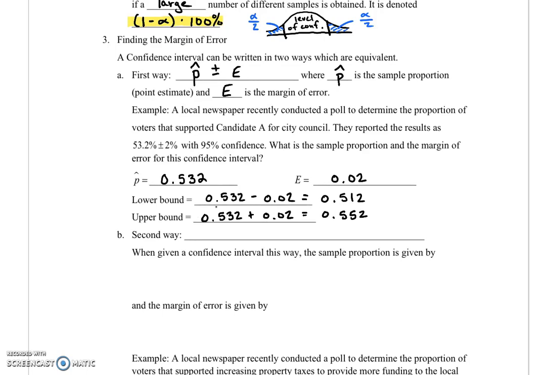The second way is to write it as the lower bound, which if we look at what we just did, is the p hat minus the error. We say that's less than the population proportion, so a regular p, and that is less than our upper bound, which is the sample proportion plus the margin of error.